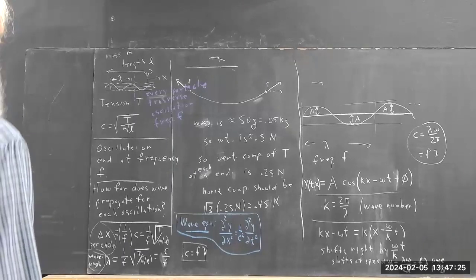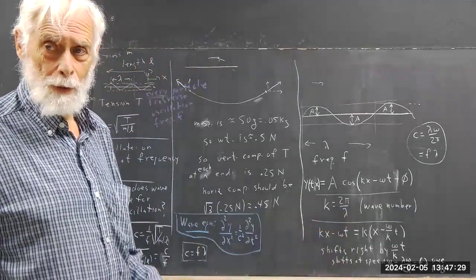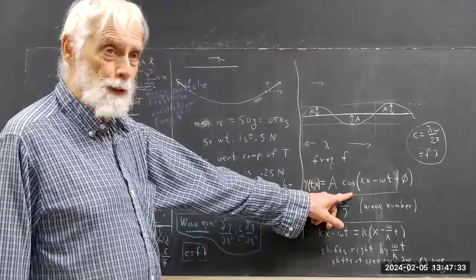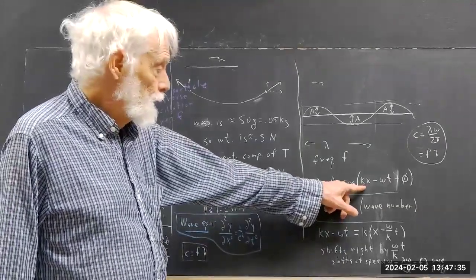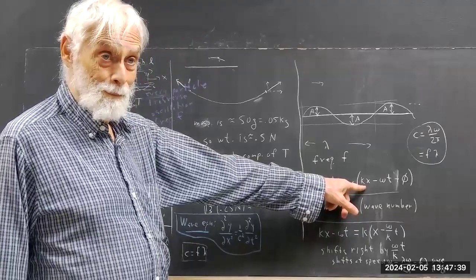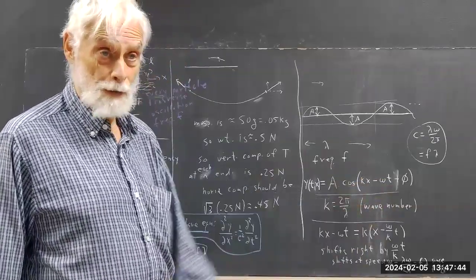Okay, think about it now. Maybe a little hard to do in your head, and probably not enough time to do it on paper. Take the second derivative of this with respect to x. Each time you're going to get a k out of the chain rule, and you get back to the same function you started with, except with a negative sign.